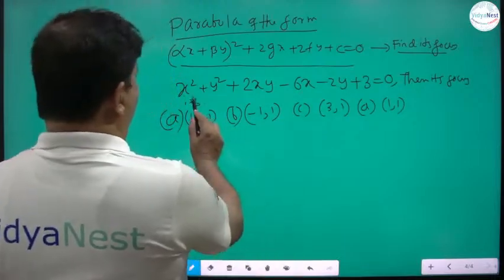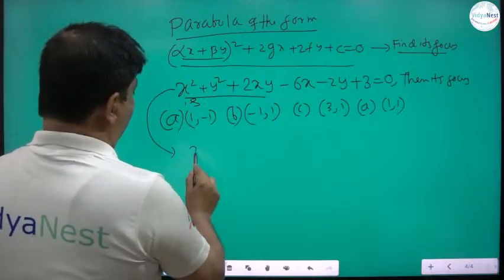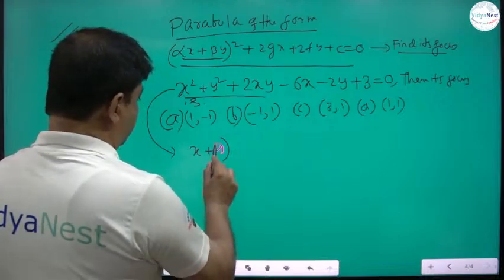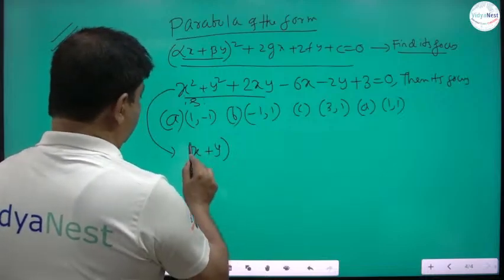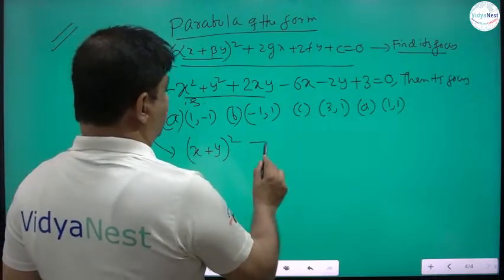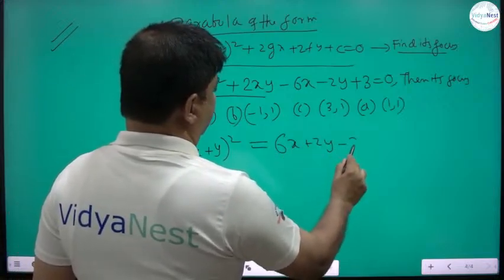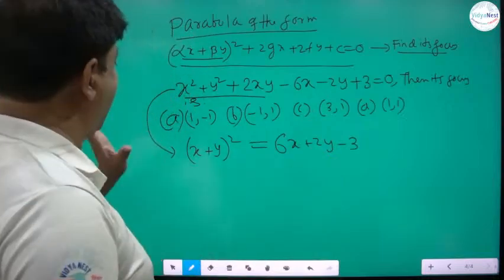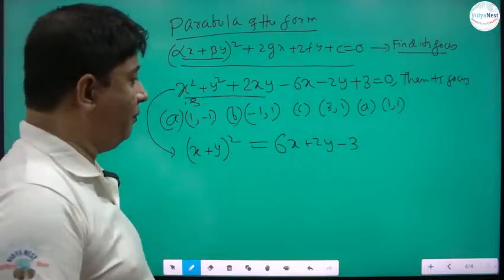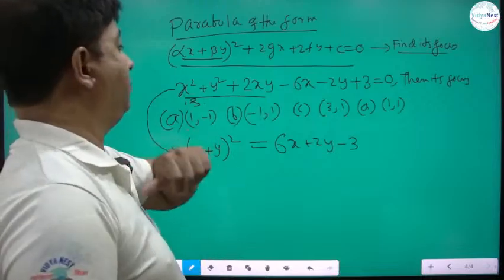See, the first two terms will give you (a plus b) whole square, and the other terms I will shift to the right hand side. Now what is the mechanism of solving an equation of that type?